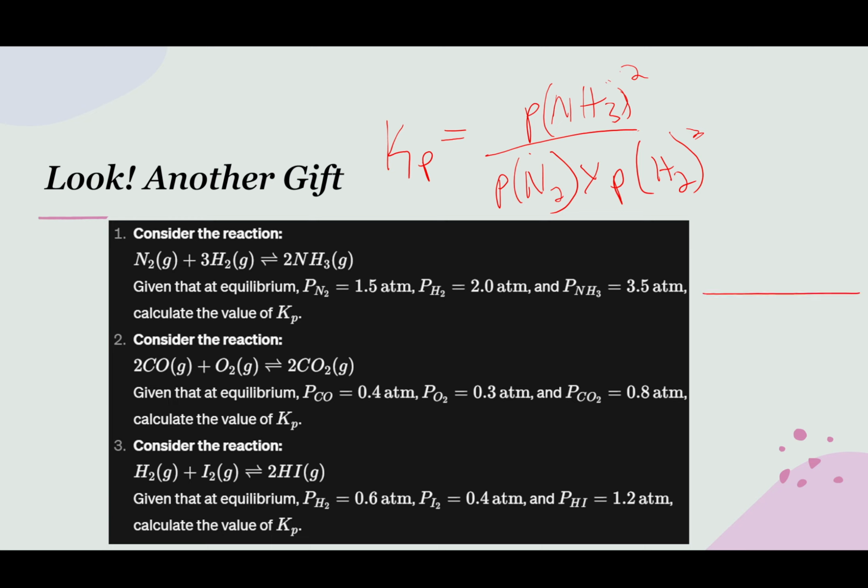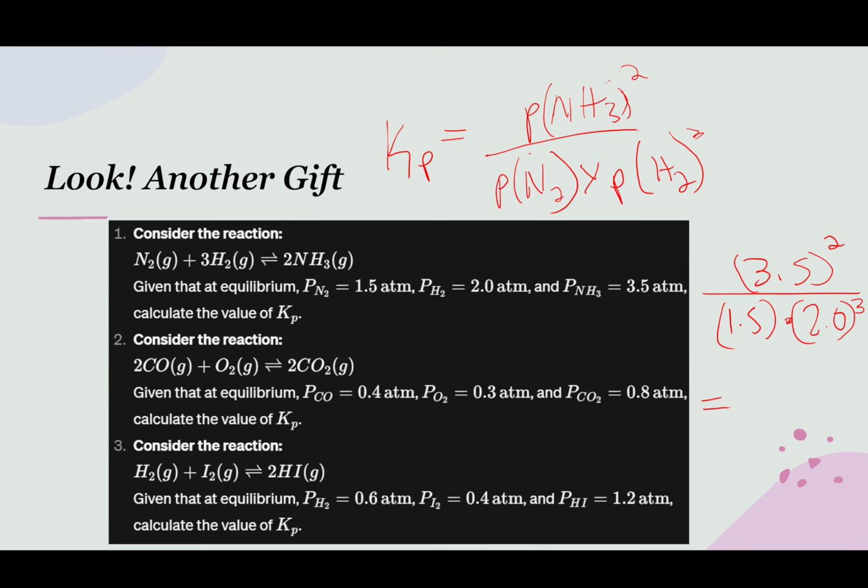Let's use the values over here. So it's going to be 3.5 brought to the second power over 1.5 brought to the first power times 2.0 brought to the third power. And what is the answer that we get? Let me get the calculator and see what happens.